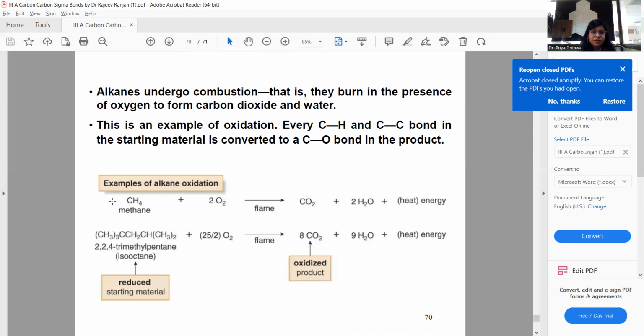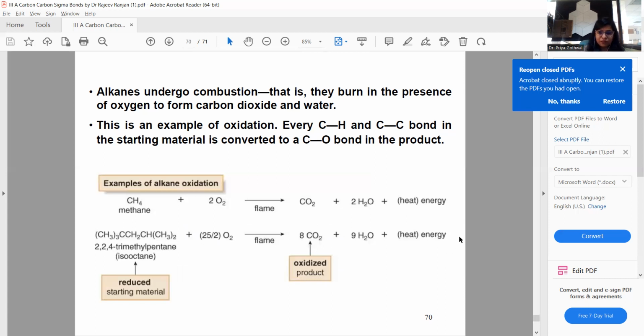This is a simple alkane. For a substituted alkane like 2,2,4-trimethylpentane, known as isooctane, the reduced starting material, oxygen in the flame gives 8 moles of carbon dioxide, the oxidized product, and 9 moles of water along with heat energy. Maximum heat is generated through this process.